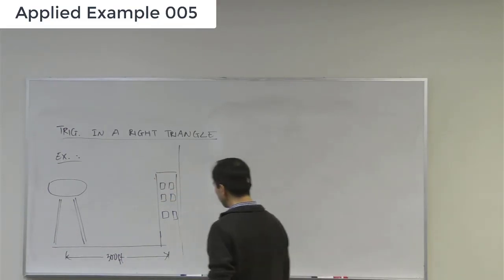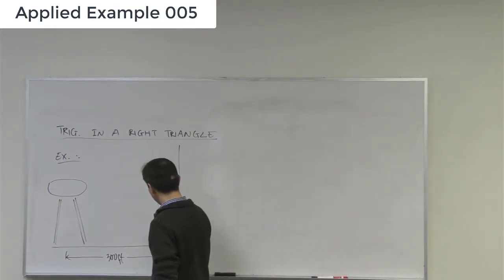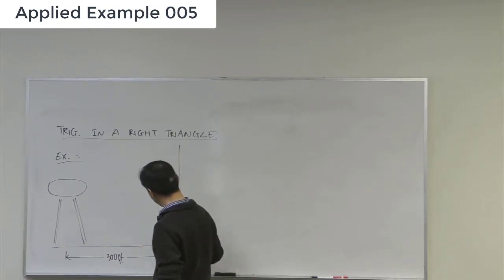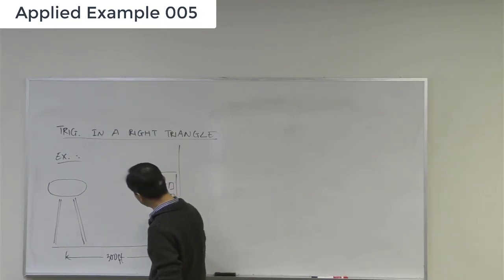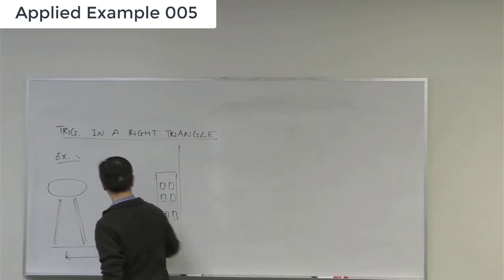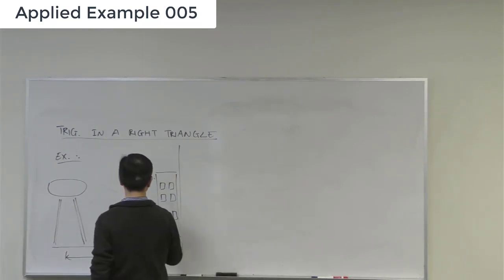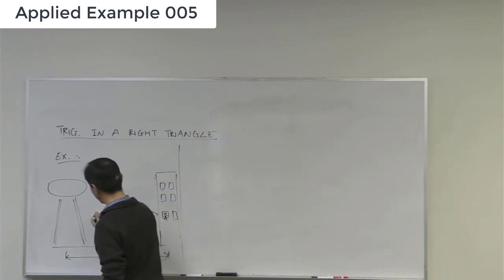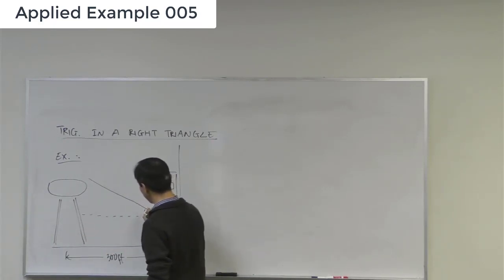And think about there's a man standing in one of the windows here. If he looks from where his window is on the building to the top of that water tower, then compared to the horizontal line, there's an angle of elevation.